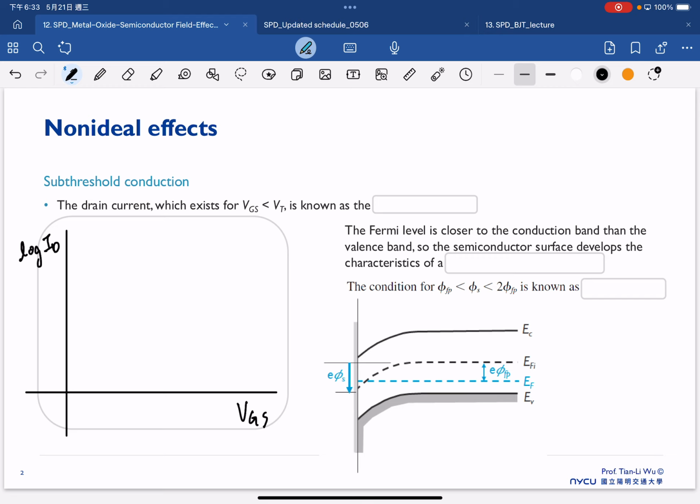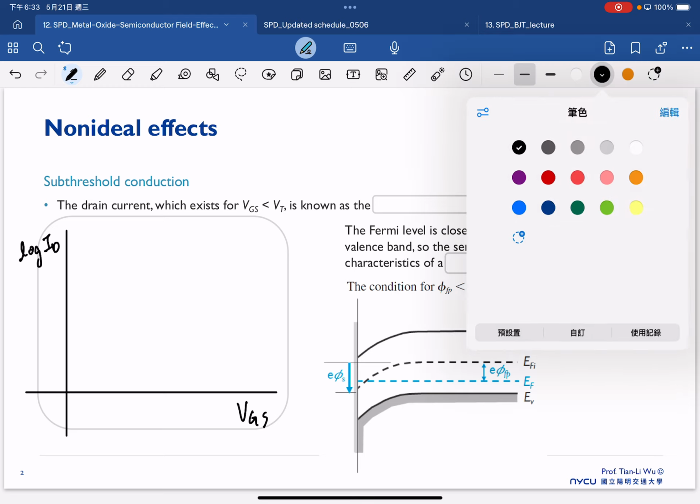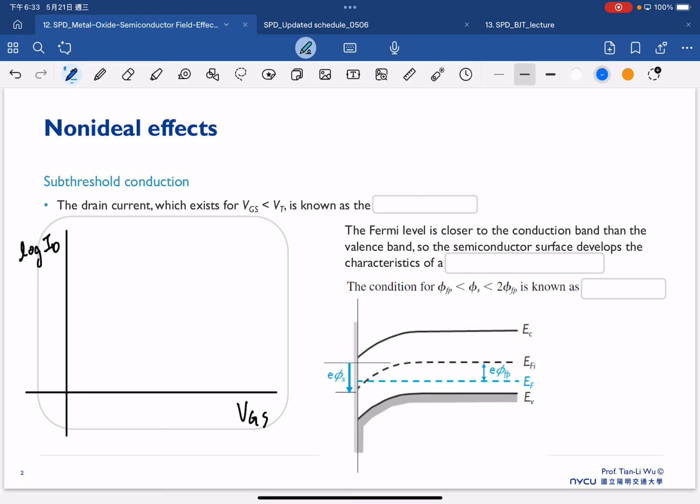Previously we considered that the current increases as the gate bias increases, and at a certain moment we define this point as the threshold voltage.